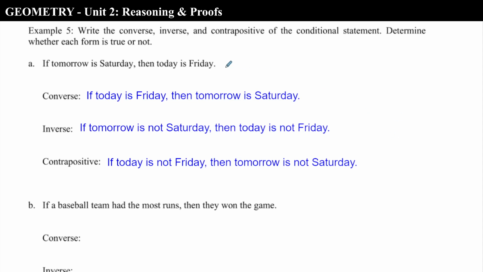If tomorrow is Saturday, then today is Friday. That's true. If today is Friday, then tomorrow is Saturday. That is also true. And if the converse is true, then the inverse has to be true. If tomorrow is not Saturday, then today is not Friday. If today is not Friday, then tomorrow is not Saturday. That's also true, and it should be because the conditional is true. So all 4 of these are true.